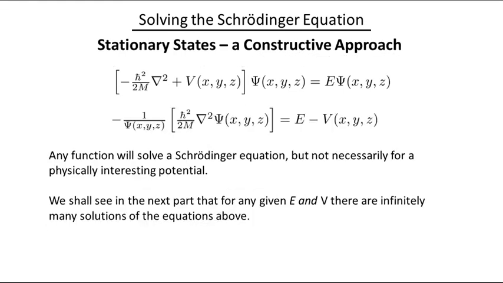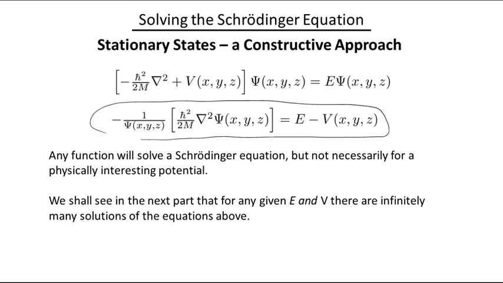Okay, so now back to this somewhat trivial procedure. You put in any function and it will solve a Schrodinger equation, but usually not an interesting one. But it's worthwhile looking at the cases where the interesting solutions are obtained. Furthermore, there are constraints on what are allowable solutions to Schrodinger equation.